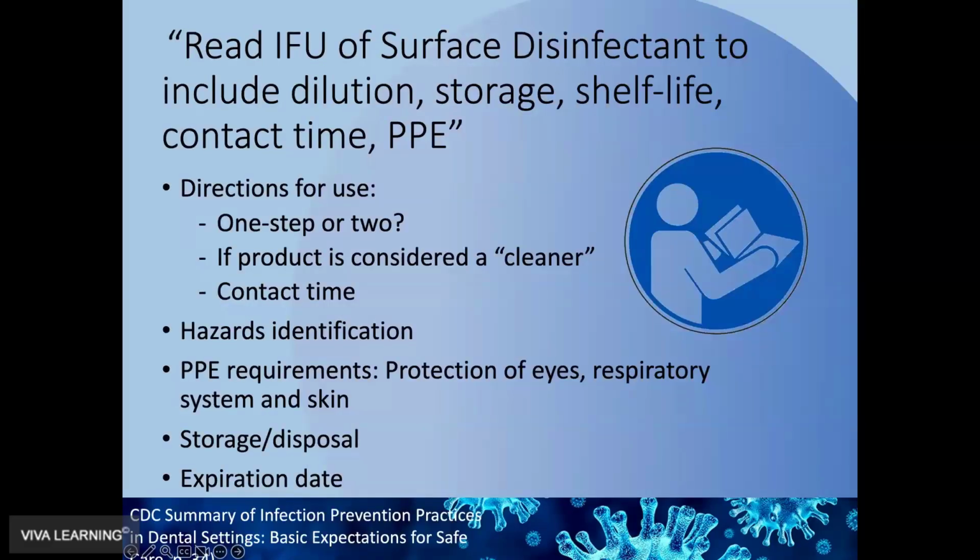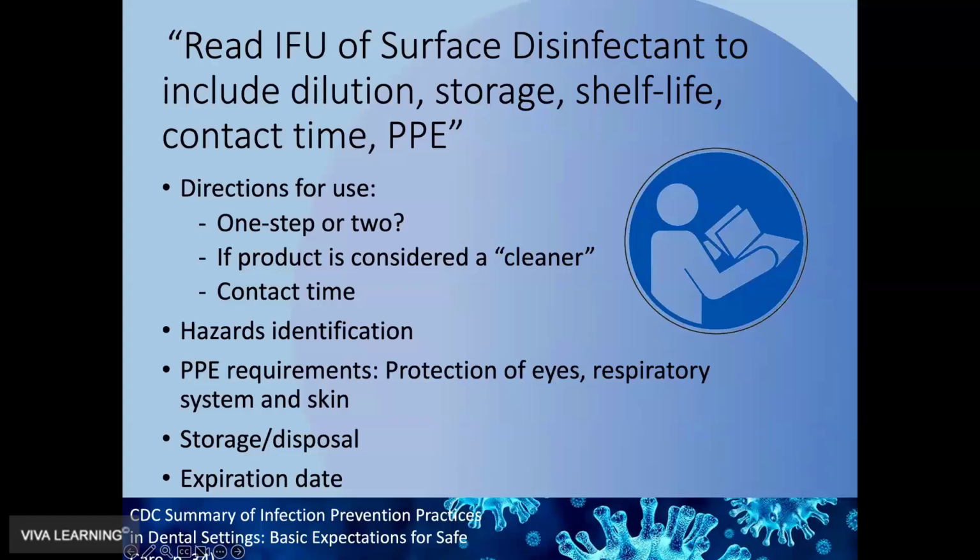Now, the next slide talks about the instructions for use. The IFU will tell you how to dilute the product, store the product, what is the shelf life, what is the contact time, and what personal protective equipment you should be using. In addition, some of the products on the market now are a one-step product and some are still a two-step product, and we'll talk about what that means in upcoming slides.